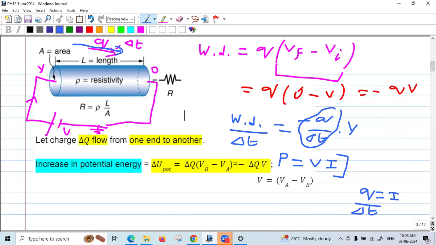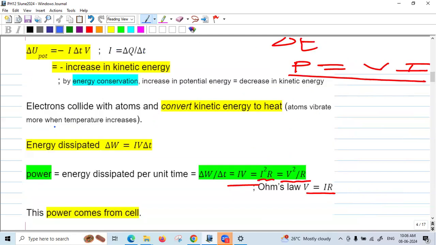Okay, and who is supplying this power? This power is supplied by the cell. It's basically the chemical energy if it is an electrochemical cell. So this is the relation, power dissipated is V into I, and for a resistance, V and I are related as V equal to I into R. That's basically Ohm's law.